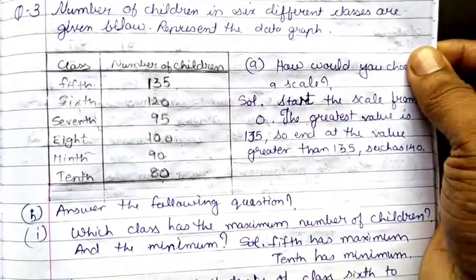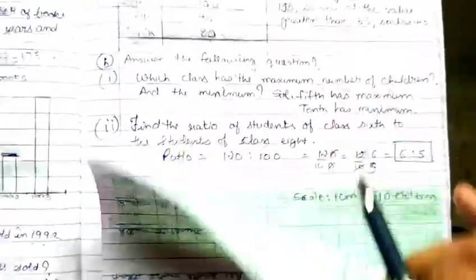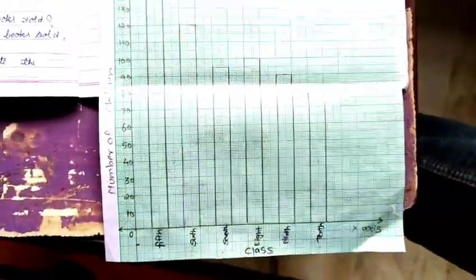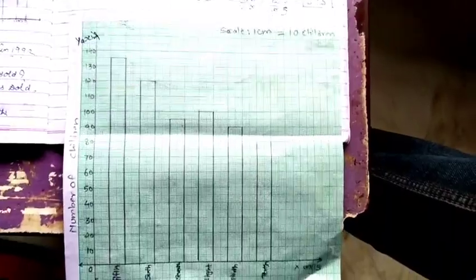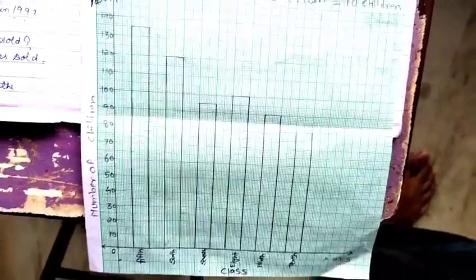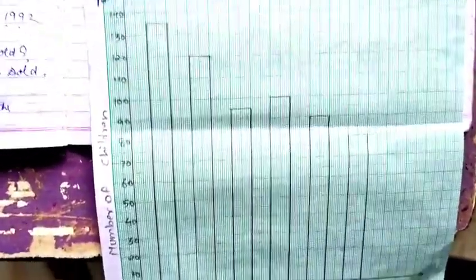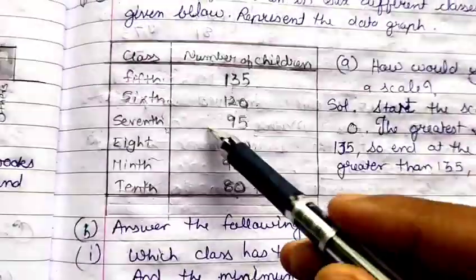So how to represent it? Let us see. Dear students, you have to draw this graph in your graph book, not stick paper in your class book. See, this is how. Here these are the classes.